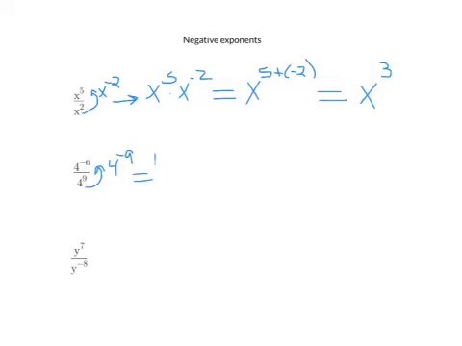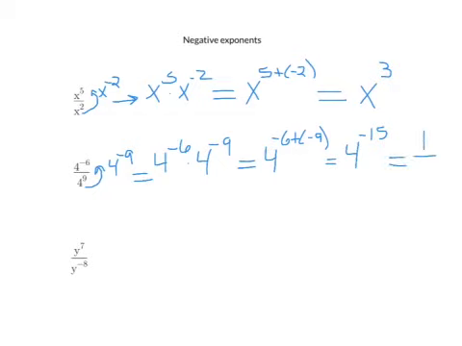So this problem becomes 4 to the negative 6 times 4 to the negative 9th, which equals 4 to the negative 6 plus negative 9, which is 4 to the negative 15th. And if we don't want negative exponents, we can actually move that to the bottom of the fraction. So it becomes 1 over 4 to the positive 15 because it actually belongs on the bottom.